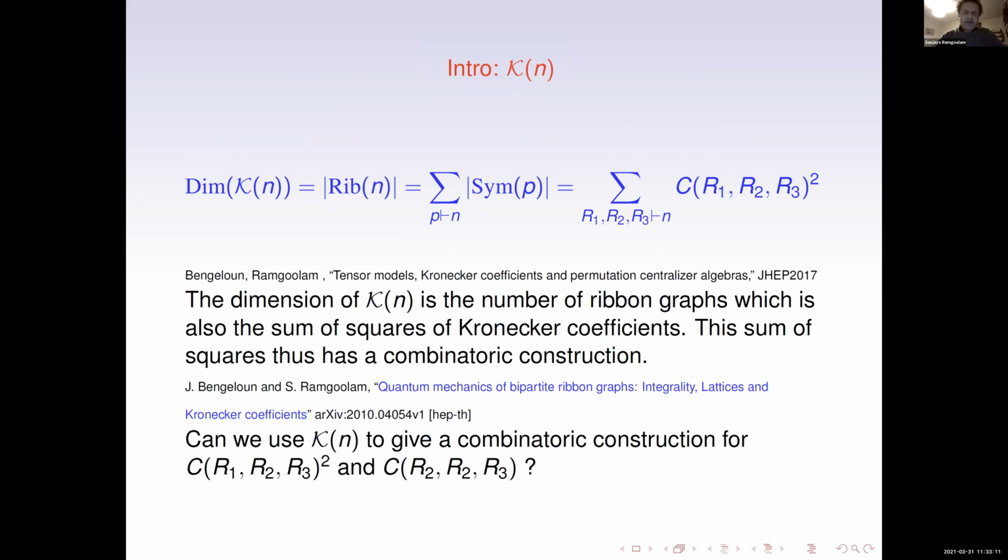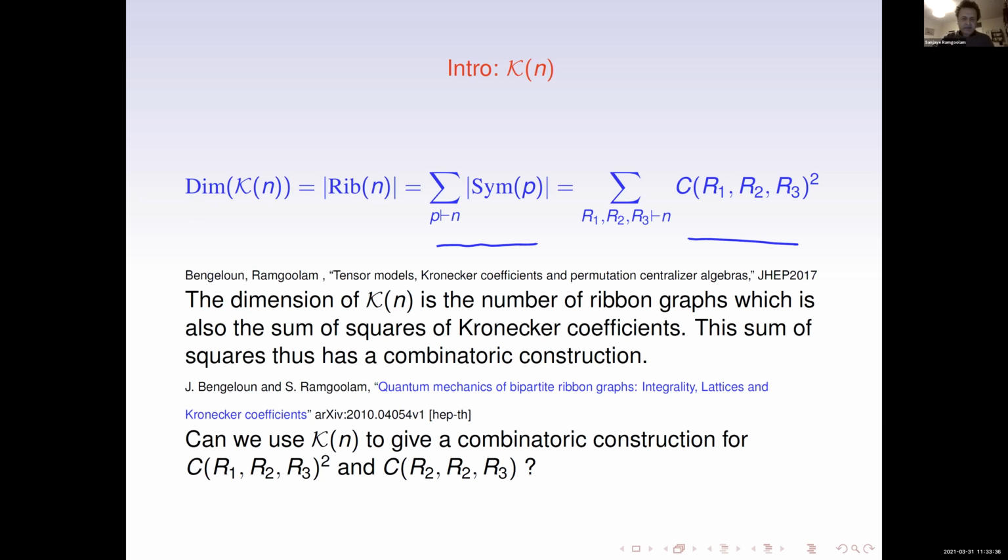And this algebra has the property that its dimension is the sum of these symmetry factors, and it's also the sum of the squares. So basically, this is teaching us that the sum of squares of Kronecker coefficients has a nice combinatoric interpretation: it is equal to the number of ribbon graphs with n edges.